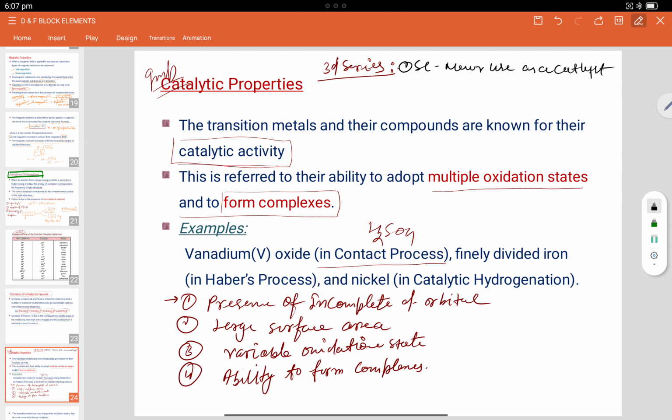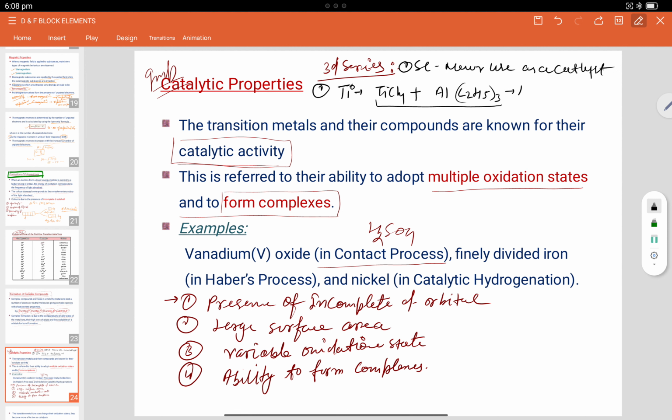Number two, titanium, that is Ti, is used as a catalyst: TiCl4 plus Al(C2H5)3. Combined, this catalyst is called, very interestingly, the Ziegler-Natta catalyst.